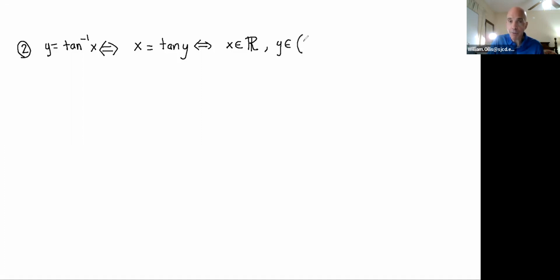That is negative pi over 2 and pi over 2. So in the inverse function, the vertical asymptotes become horizontal asymptotes, which is something you learned about in pre-calculus. Your pre-calculus course, you probably found to be just as hard as Cal 1. There's so much good information in that class that we use over and over.